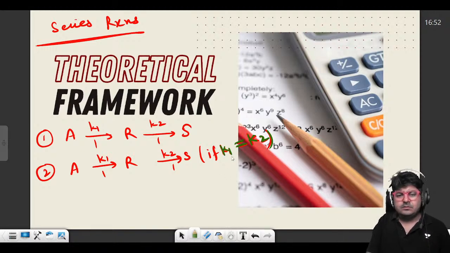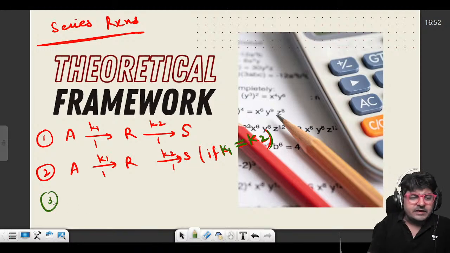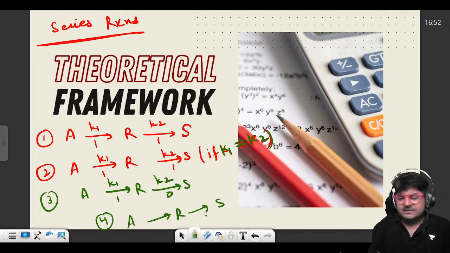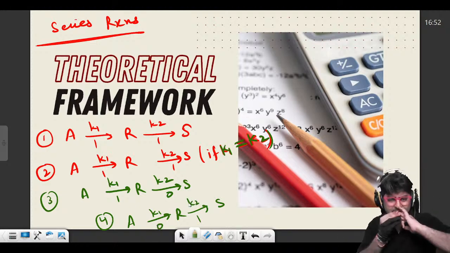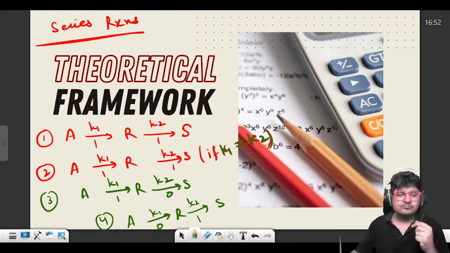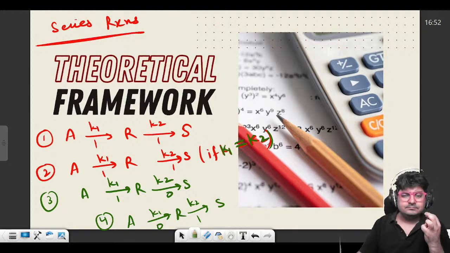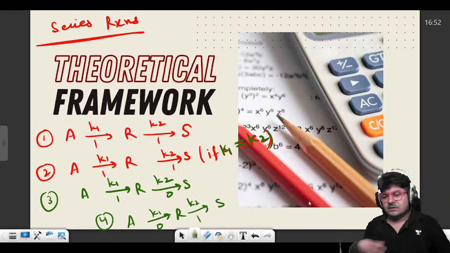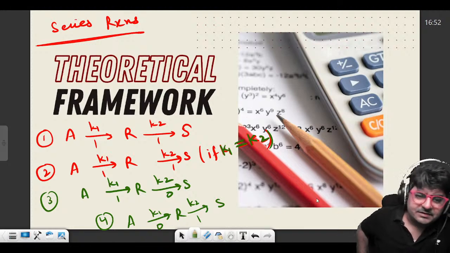K1 is equal to K2. थर्ड केस हो जाता है आपका A gives R, R gives S, order is 1 and 0. एंड फोर्थ केस हो जाता है आपका A gives R, R gives S, order is 0 and 1. ये सब आप लोग खुद से चेक कर सकते हो, आई बिलीव.